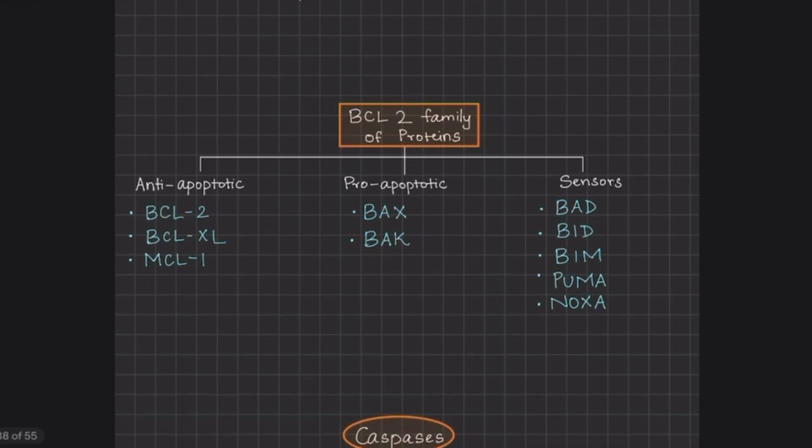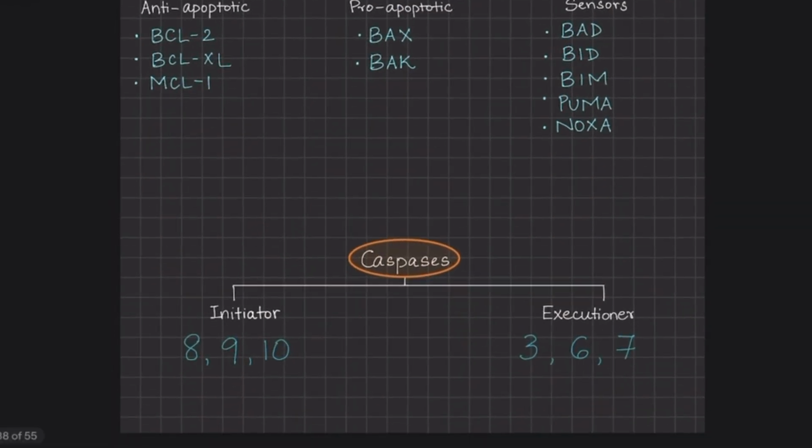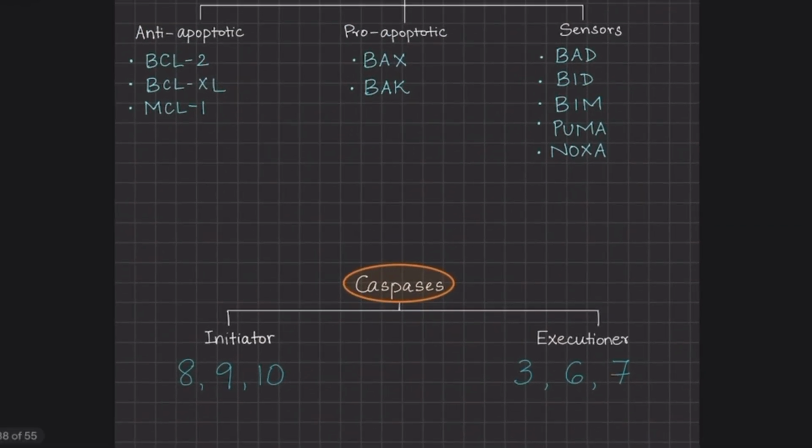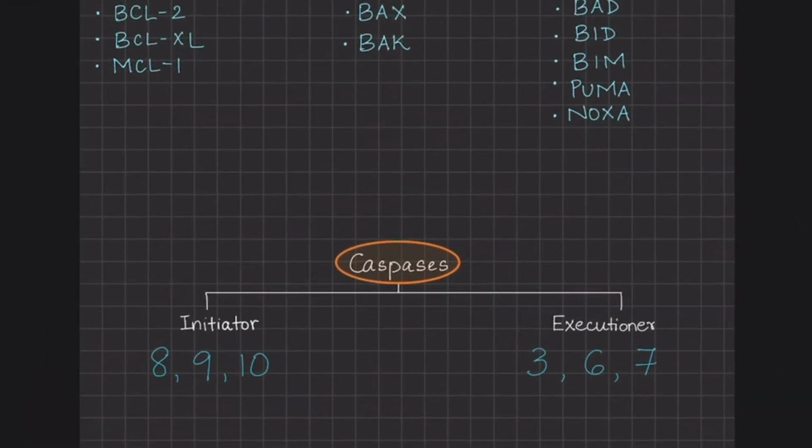They are of three types: anti-apoptotic proteins, pro-apoptotic proteins, and sensor proteins. Now, there are also enzymes involved in apoptosis called caspases. They are of two types: initiator caspases, which are caspase 8, 9, and 10, and executioner caspases, which are 3, 6, and 7.